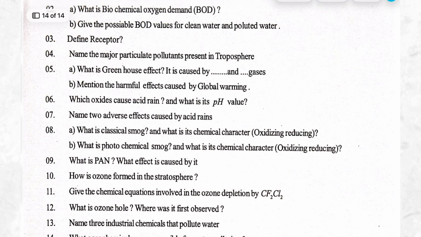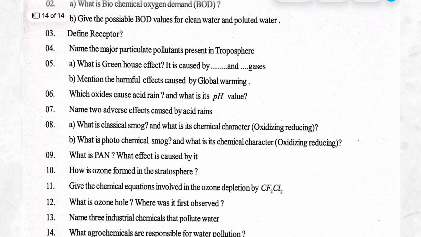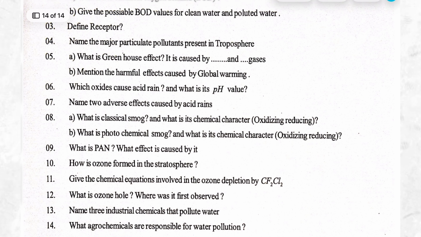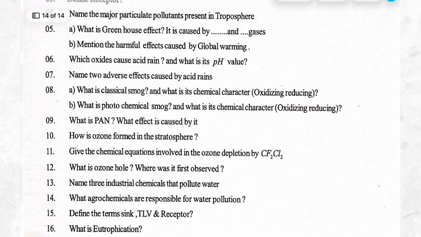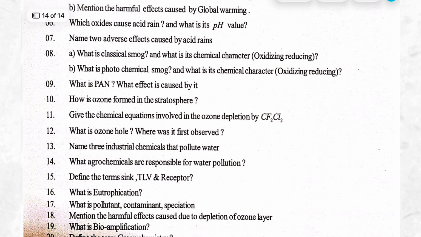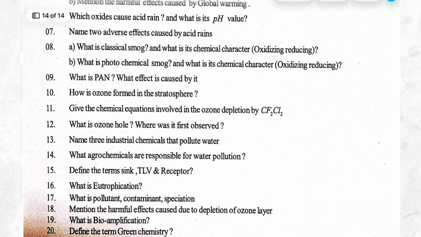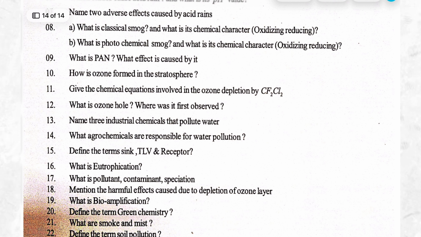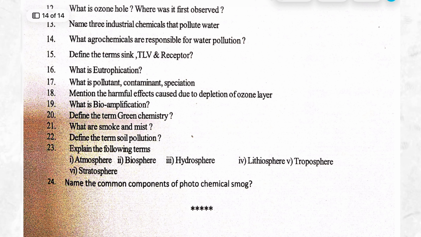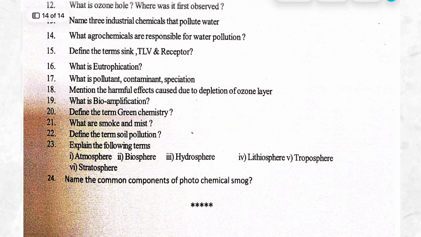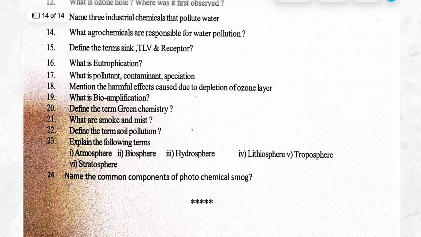The atmosphere, greenhouse effect. pH of acid rain, and acid rain causes adverse effects, right? Any two: classical smog, photochemical smog, ozone layer, fluorochlorocarbons, ozone hole, TLV threshold limit value, receptors, vitrification, pollutant, contaminant, speciation, bioamplification, green chemistry.